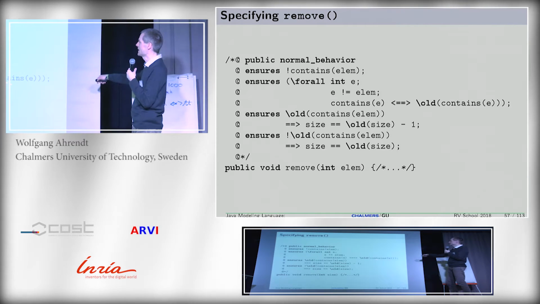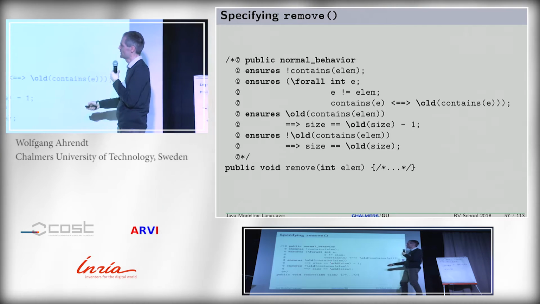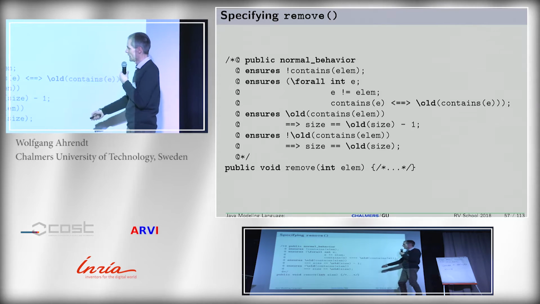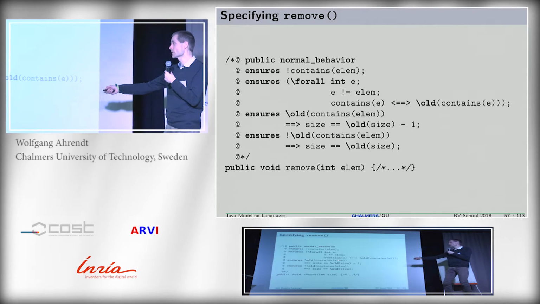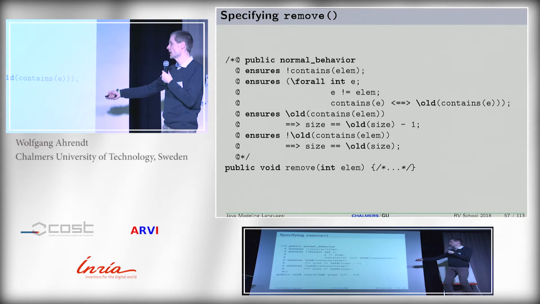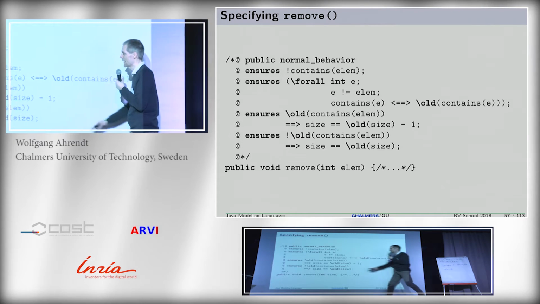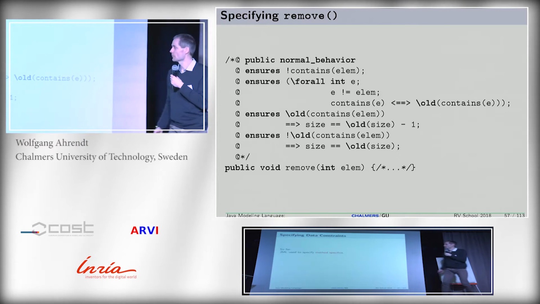And again, we don't change anything else. And here we say how the size is affected by it being contained afterwards or before. So if it was contained before, then we have to decrease the size, otherwise it stays the same. Again, you see, this is a very, very complete style, which is not what you do in practice all the time.